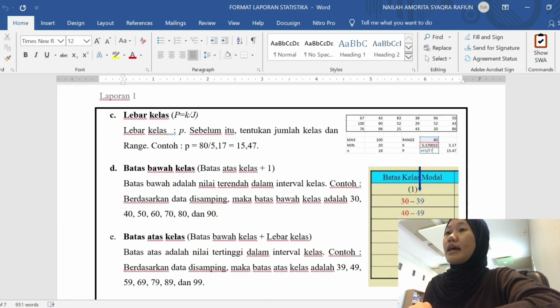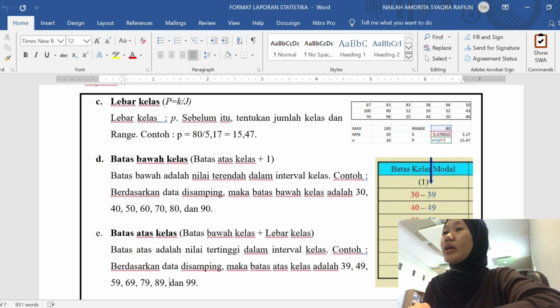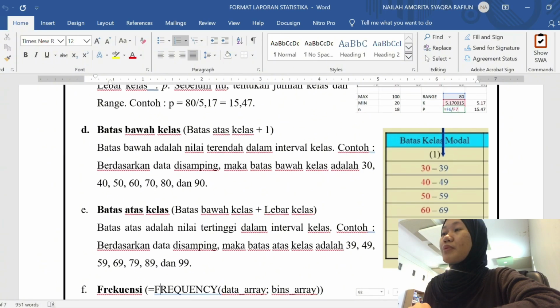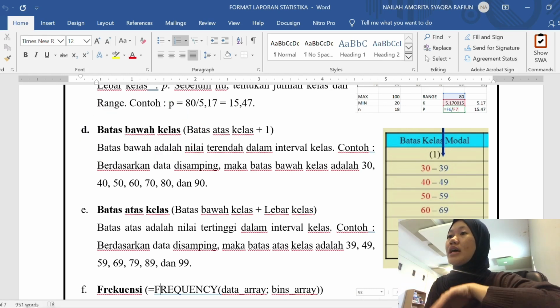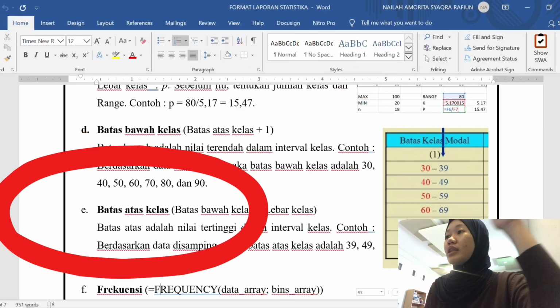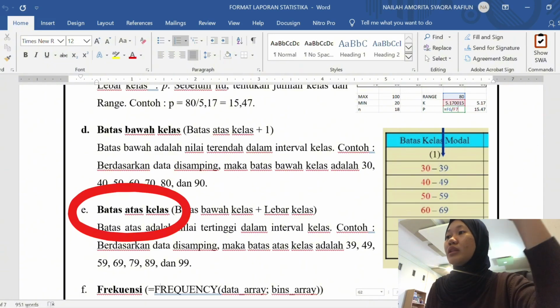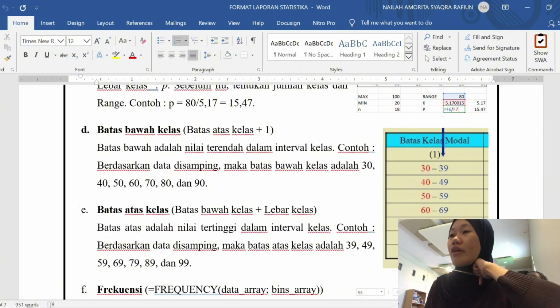The next formula is the lower limit of the class and upper limit of the class. The lower limit of the class is the lowest value in the class interval, while the upper limit is the highest value in the class interval.